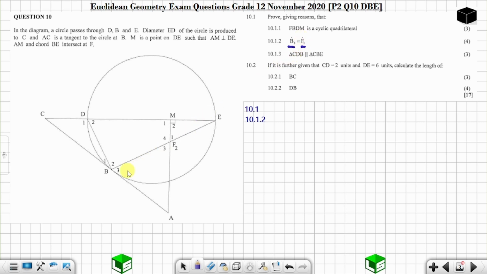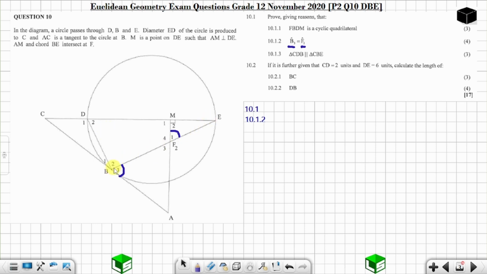Angle B3 is between a tangent and the chord BE, so this angle is equal to the angle in the alternate segment.